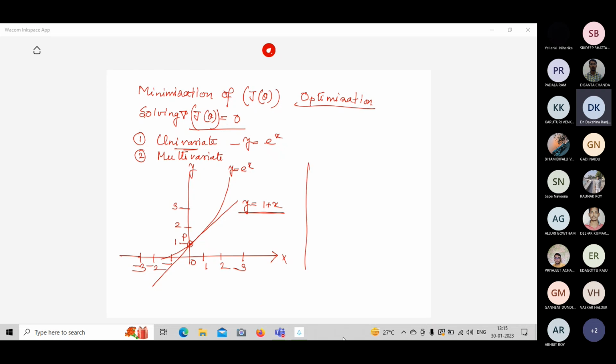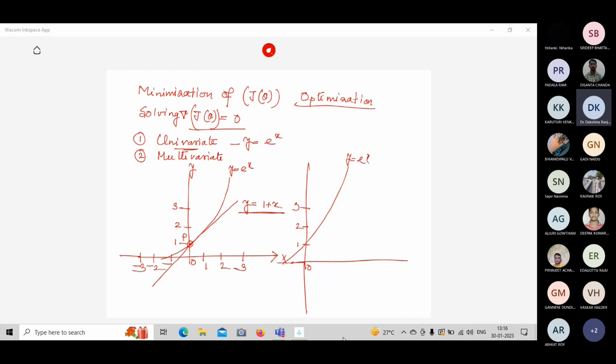Now we can have another choice. If we use second order polynomials, then the second order polynomial can be used to approximate the function at the same point as a quadratic equation. We get the same function over here, this is 1, 2, 3 and so on, this is 0, and this is y equals e to the power x.